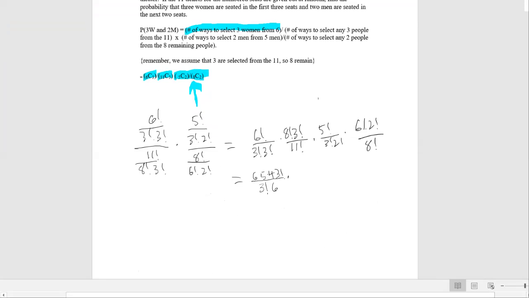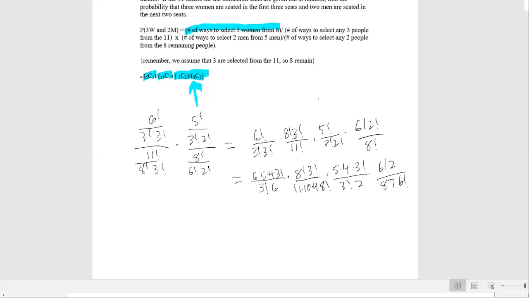And over here, I have the 8 factorial, I got 3 factorial, and I have 11, 10, 9, 8 factorial. Over here, I got a 5 factorial. You know what? I better just go ahead and write that as 5, 4, 3 factorial. I got 3 factorial with a 2. And here I got 6 factorial, 2 with an 8, 7, 6 factorial.